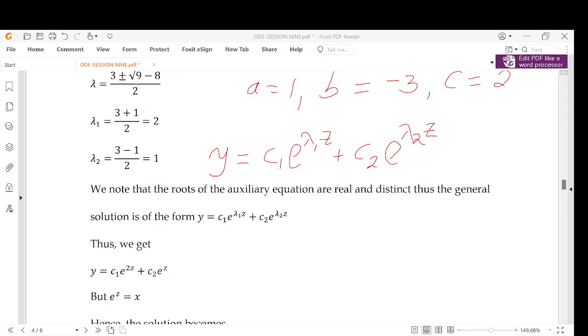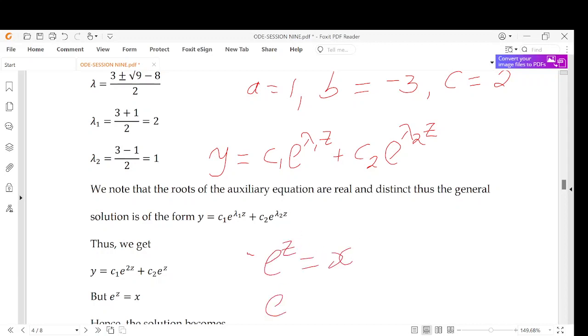So we can now substitute these values. Lambda 1 is 2, lambda 2 is 1. When we substitute, we get C1 e raised to power 2z plus C2 e raised to power z. But remember, e raised to power z was x.